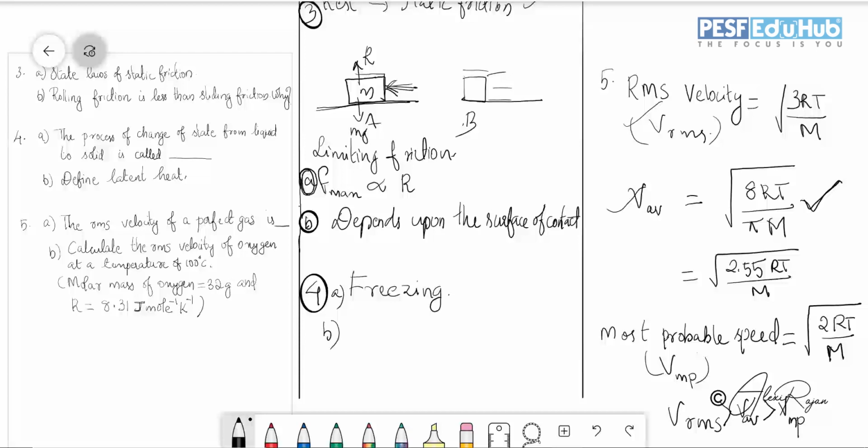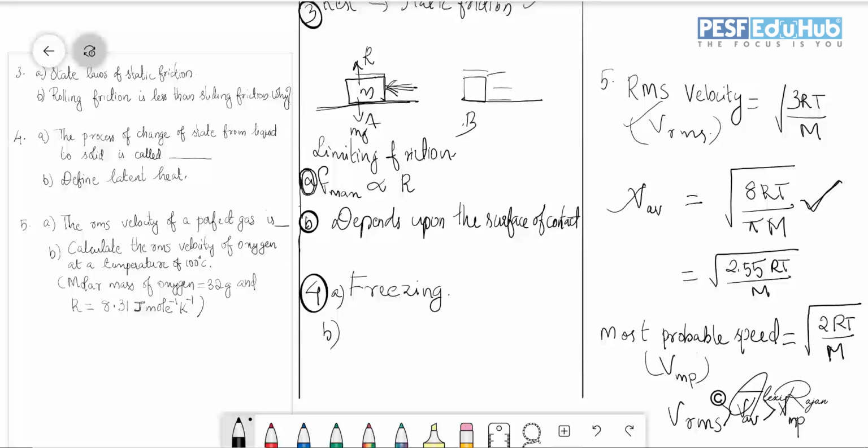Now coming to the last question, the second sub question of the fifth one. Calculate the RMS value of oxygen at a temperature of 100 degrees Celsius. The molar mass of oxygen is given as 32 grams, and R is equal to 8.31 joule mole inverse Kelvin inverse.